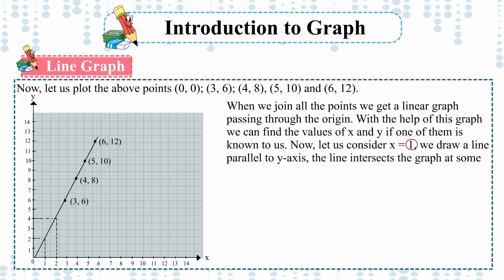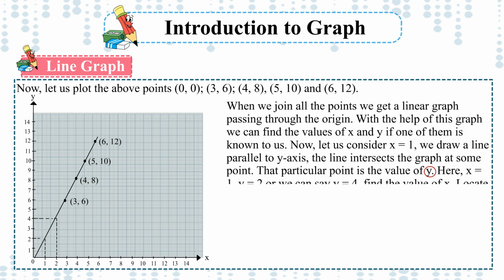The line intersects the graph at some point. That particular point gives the value of y. Here, x = 1, y = 2.